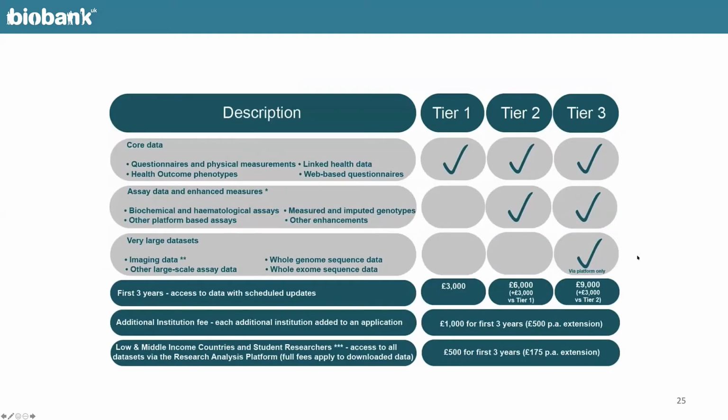As I previously mentioned, there is a tiering system through which researchers can access our data, and we have tiers 1, 2, and 3. Tier 1 details all of our core data.